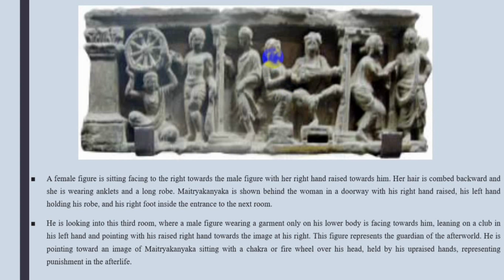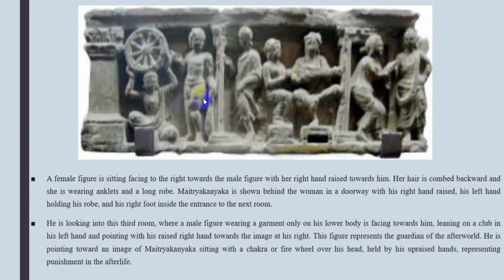Maitrikanyaka is shown behind the woman in a doorway, with his right hand raised, and his left hand holding his robe, and his right foot inside the entrance to the next room. He is looking into the third room, where a male figure wearing a garment only on his lower body is facing towards Maitrikanyaka, leaning against a club.